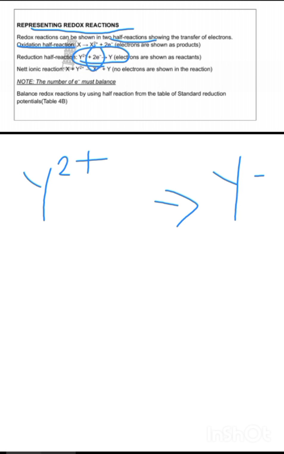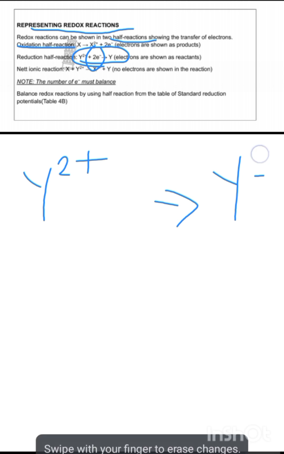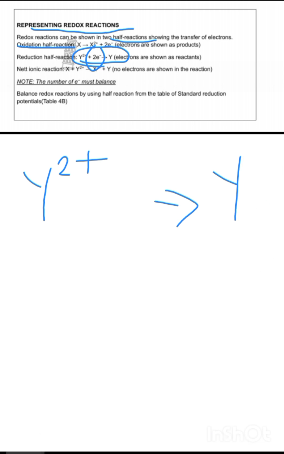So over here is how your reduction half reaction is supposed to look like. You start with this certain ion Y2+, and over here it ends as Y. For the moment, don't mind the plus 2 electrons. Now see that the charge on this side is 2+ and the charge on this side is 0, because the oxidation number over here is 0.